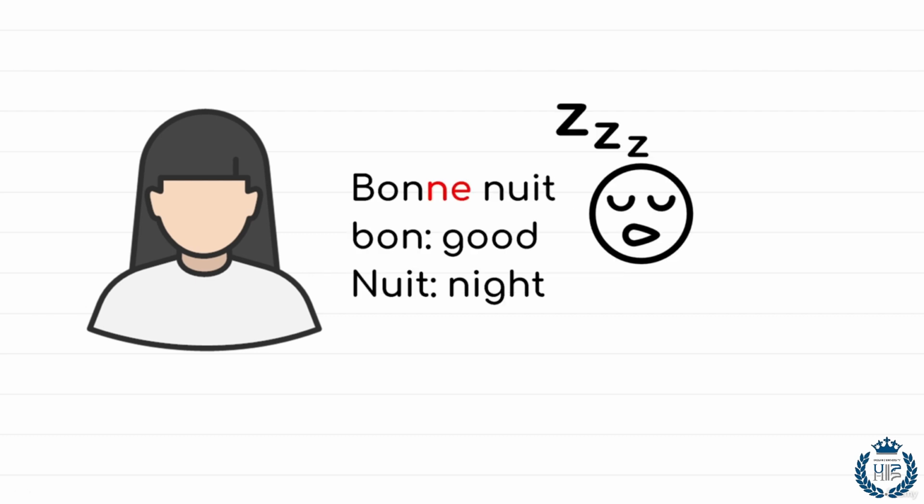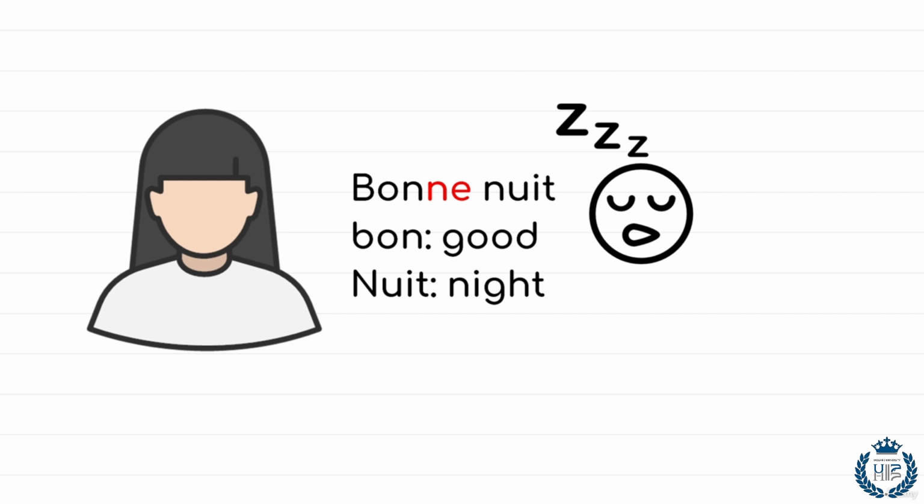Then we have bonne nuit. Just like we said, bon means good. Nuit in this sentence means night. But then, why do we have this? In French, every noun has a feminine or a masculine form. In our next lessons, we're going to be learning about that, how we form that, and what is the difference.